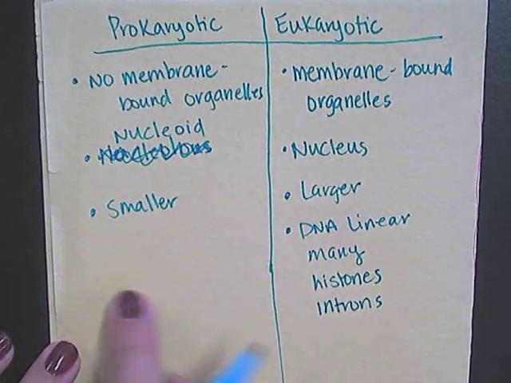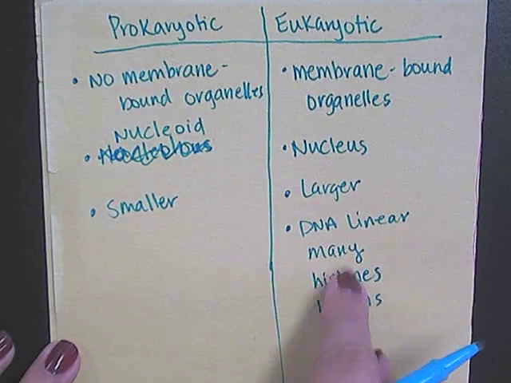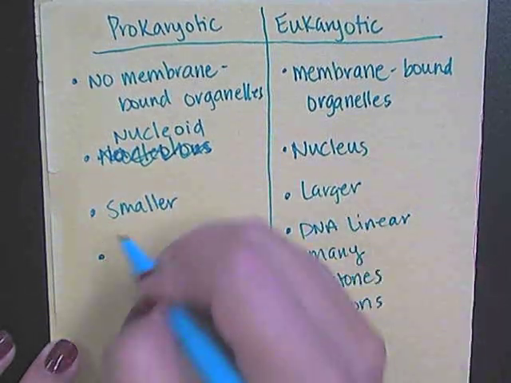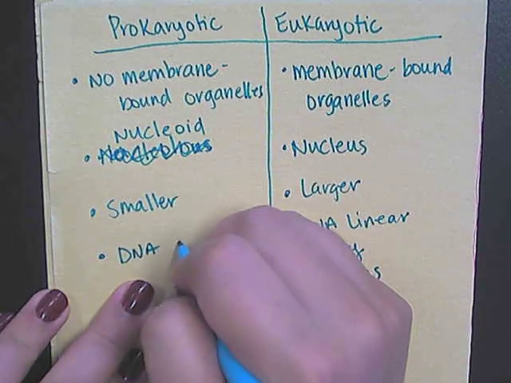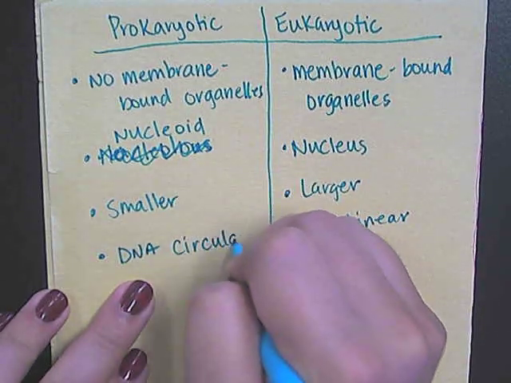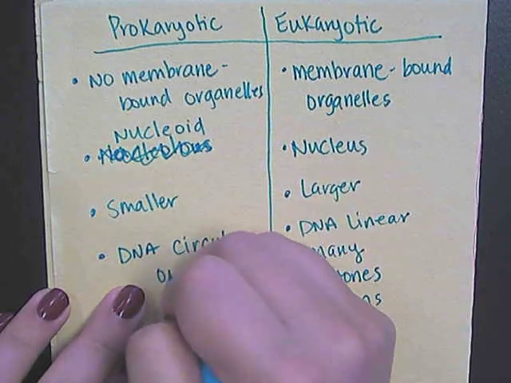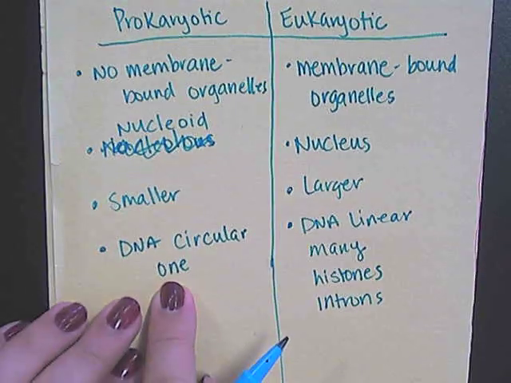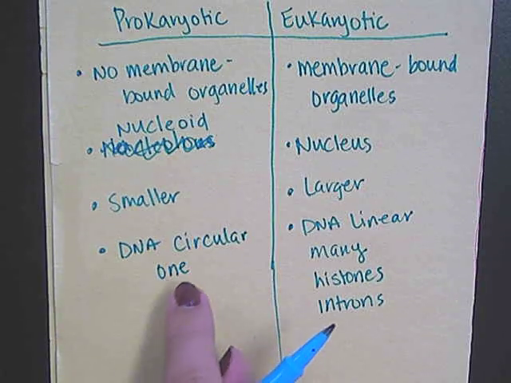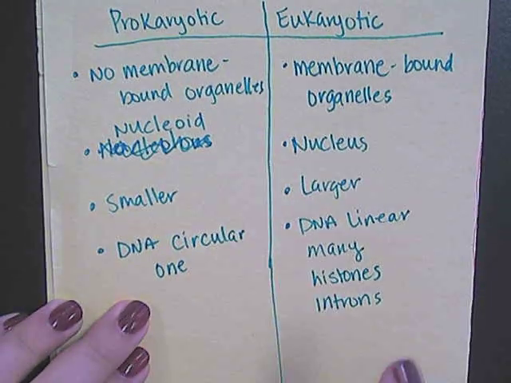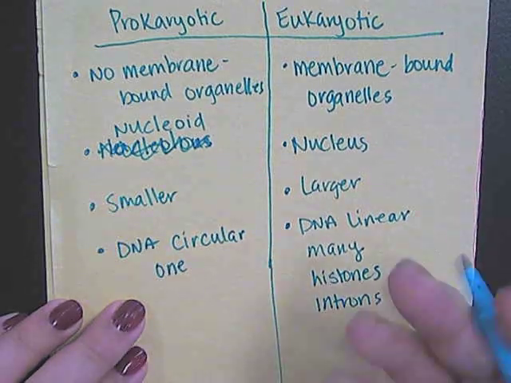For prokaryotic DNA, if we're doing a side-by-side comparison, prokaryotic cells have circular DNA. They'll usually only have one, a single circular double-stranded helix. They do not have histones.